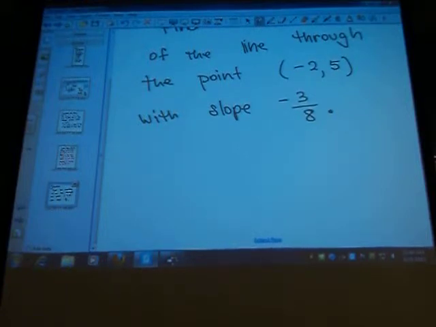Try this one. See what you guys can do with this one. Start by plugging everything you know into your formula.